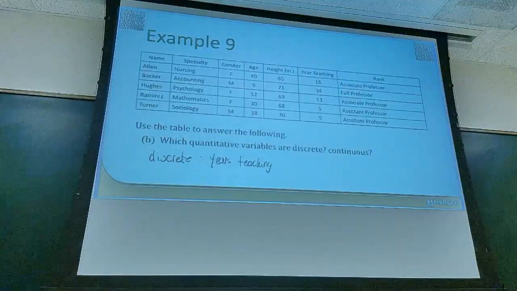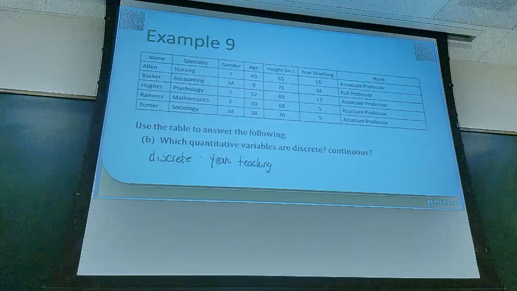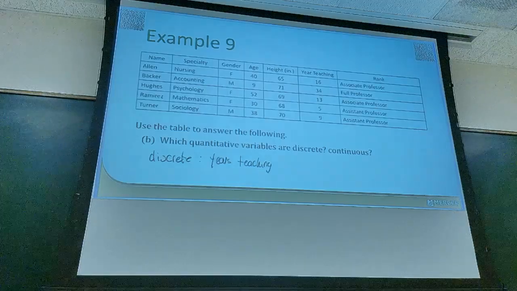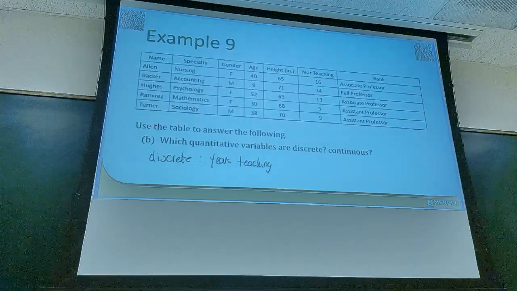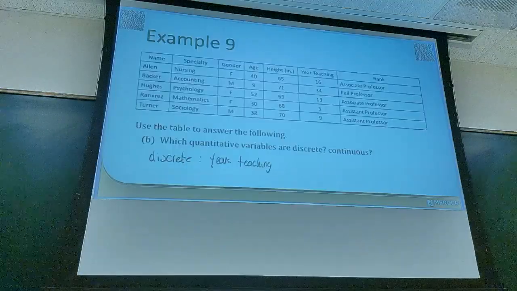So continuous is essentially a constant measure. Something like height, you can be, for instance, 65.8 inches, but you can go even further than that. You can be 65.7999993 inches.